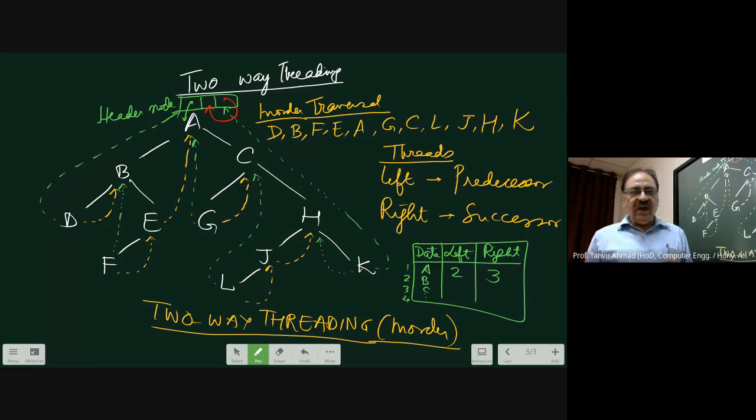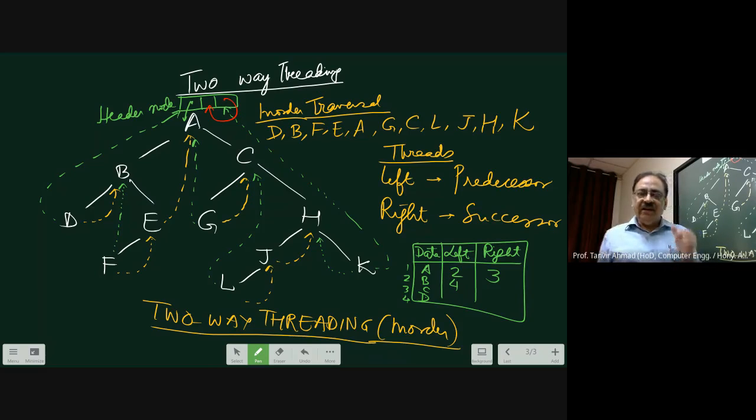Now for B, I find the index of D. If D is over here and the left of B is D, I put here 4. Where there is null, I'll put a simple dash. For example, for E, the left of E will contain some index, and the right of E will contain a dash.